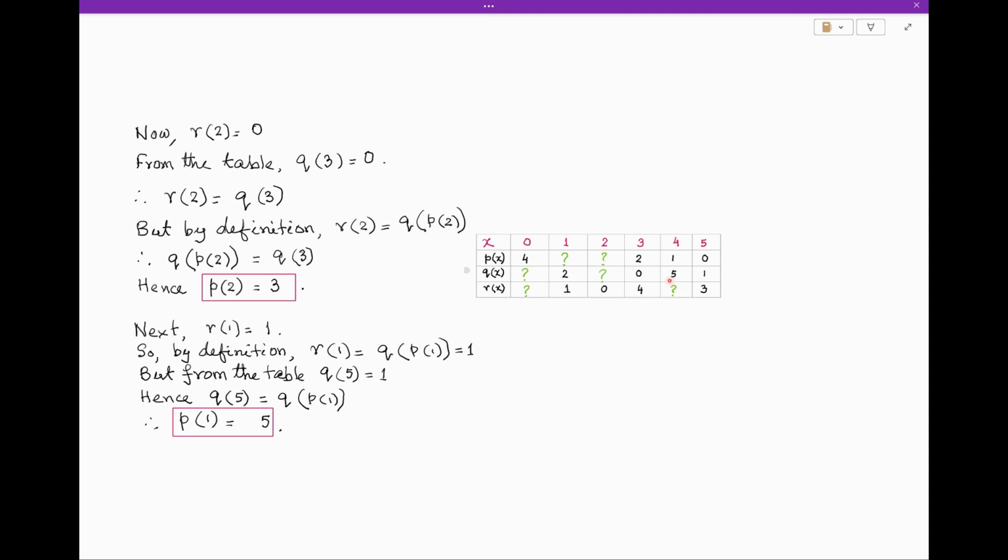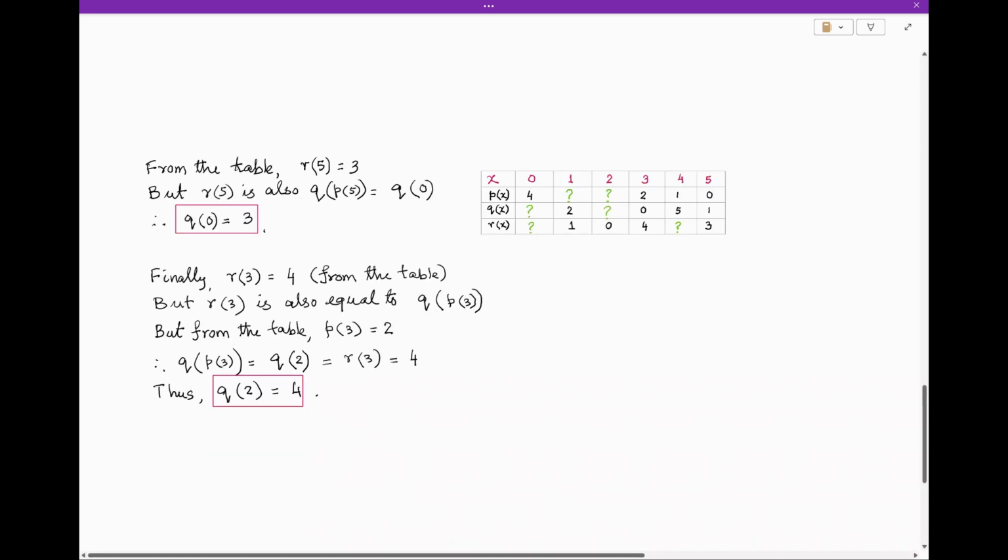Therefore, Q(P(1)) and Q(5) are equal, because both are equal to 1. Hence, we notice that P(1) is replaced by 5. Therefore, the value of P(1) is 5.